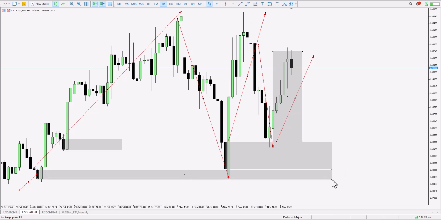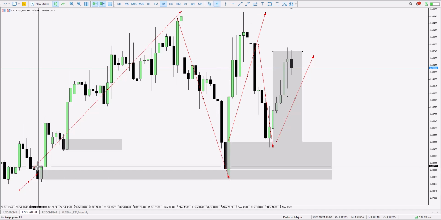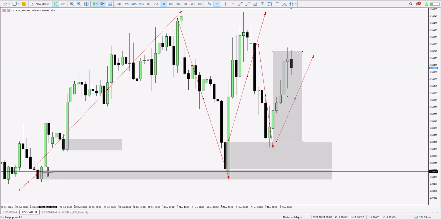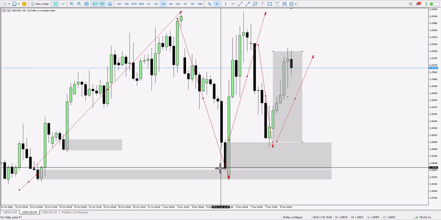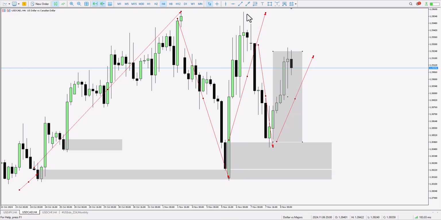Right there. You see, once price comes back to that area, you're expecting it to find support, and that's what happened. You see, price came back to this demand zone right here, this bullish engulfing, and then it pushed to the upside for a total of almost 130 pips.